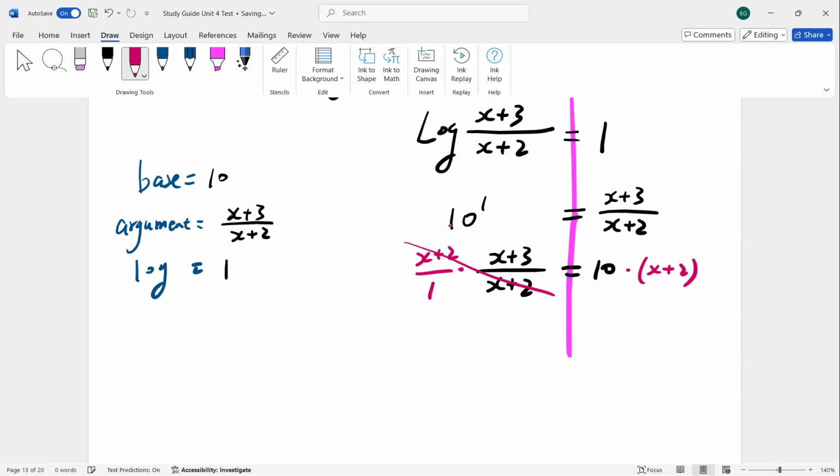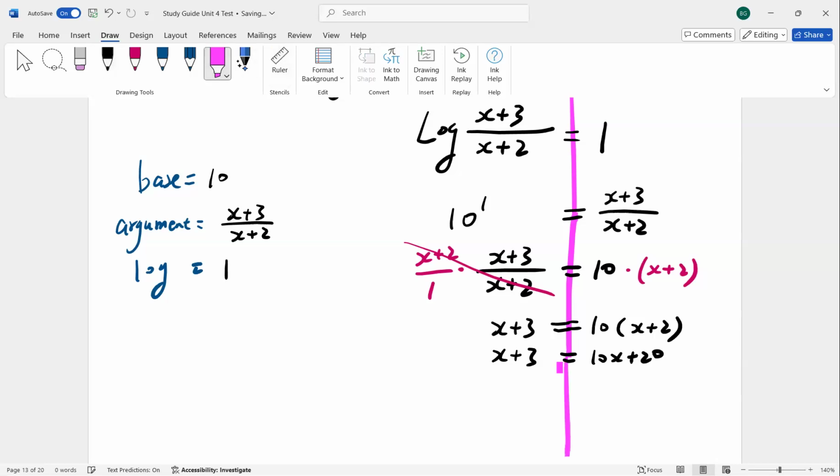And then those two cancel, right? Then we have x plus 3 on the left side equals 10 times x plus 2 on the right side. So x plus 3 equals, distribute, 10x plus 20.